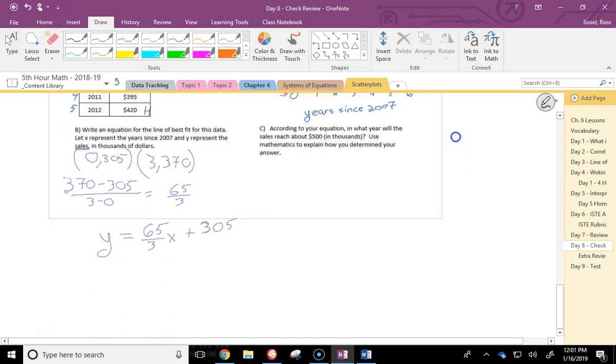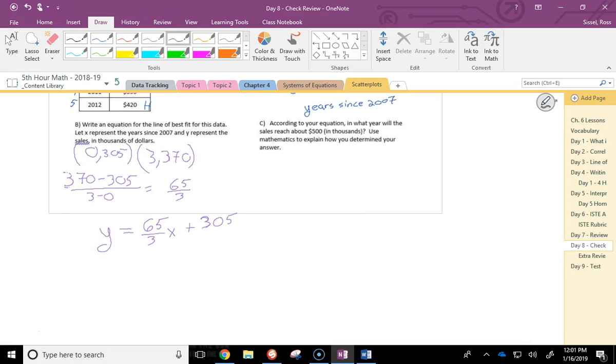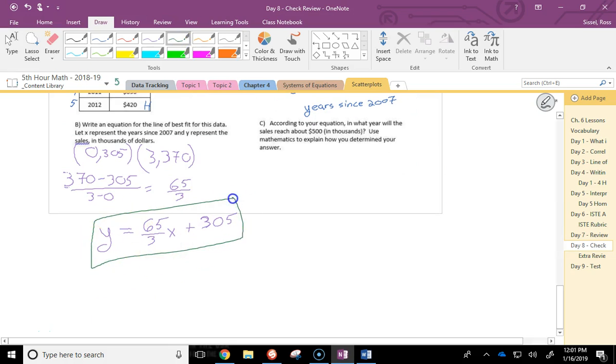So because of that, when you solve this one, I'm going to use my equation right here, but instead of y, we write down 500 equals 65 over 3x plus 305.